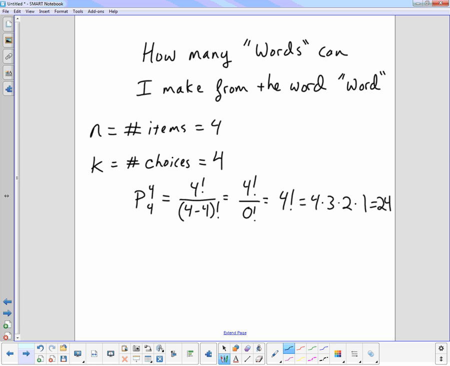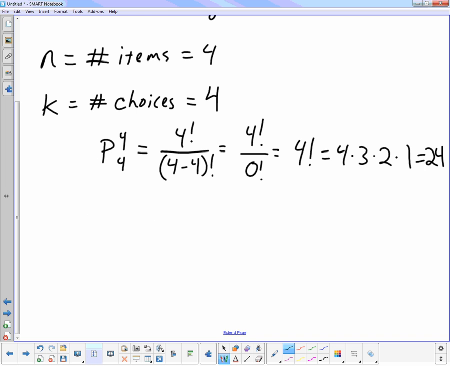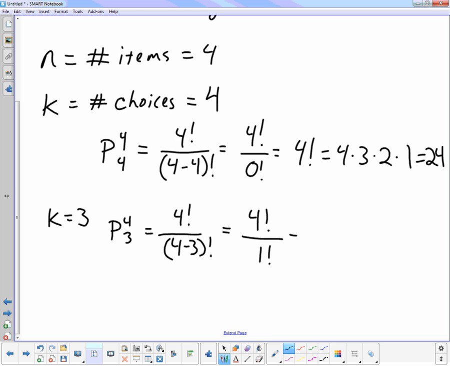Now, when K is 3, now we have 4 factorial, and again we wind up with 24.